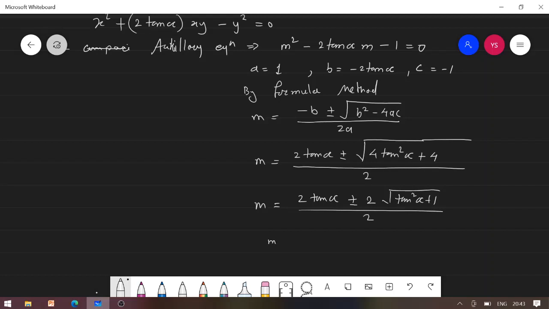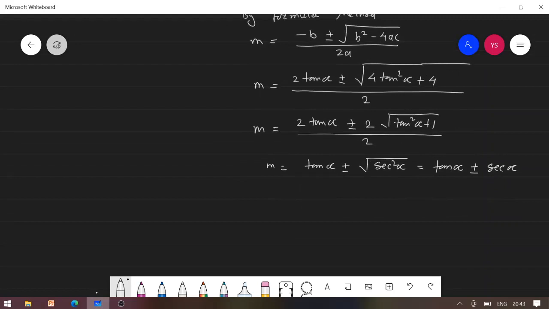Taking 2 common from the numerator, which cancels with the 2 in the denominator, we get tan alpha plus or minus root of tan squared alpha plus 1, which is sec squared alpha. The square root and square cancel, so we have tan alpha plus or minus sec alpha. There are two values of m.